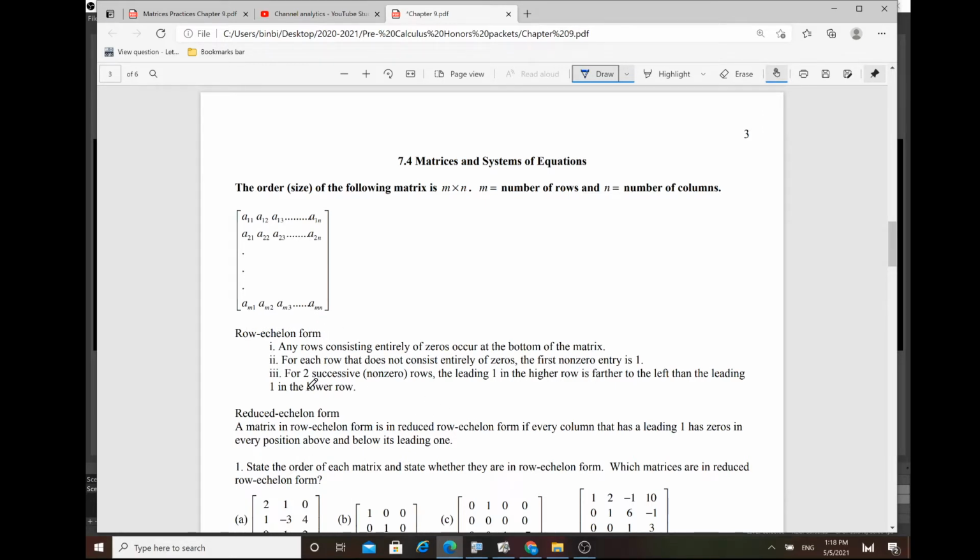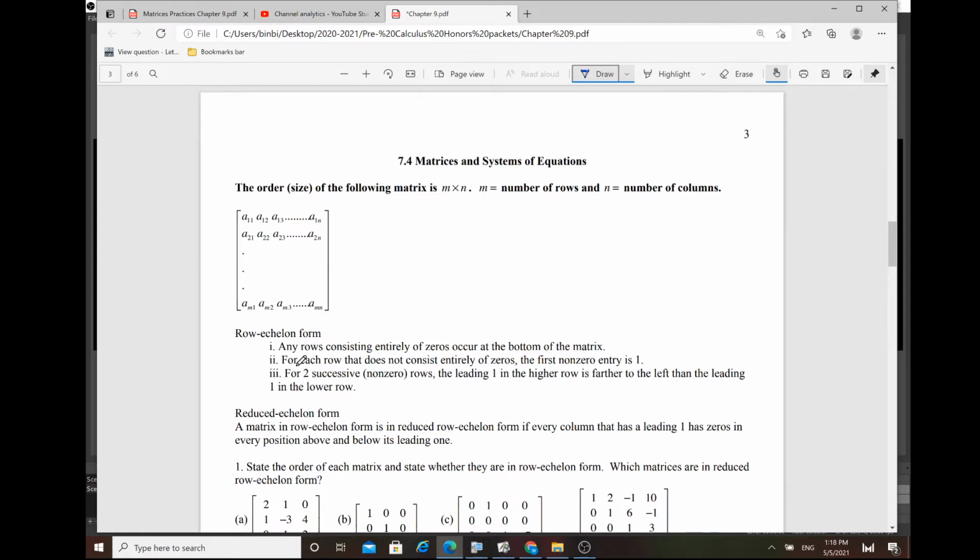Echelon is one of the mathematical operations for working with matrices, and it is also a mathematician's name. The first condition is that any rows consisting entirely of zeros occur at the bottom of the matrix. So anytime you see the bottom row is all zeros, that would be considered row echelon form.